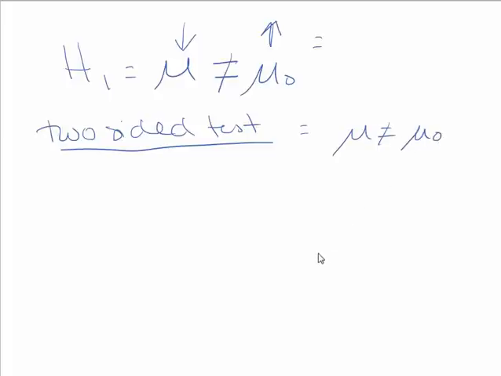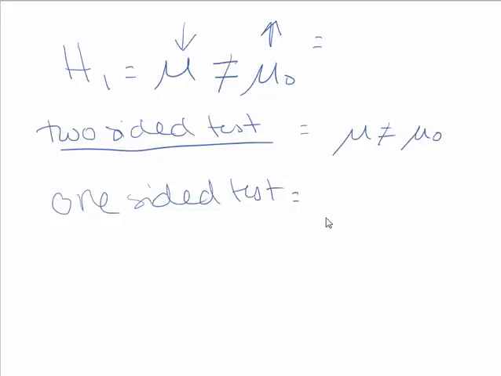But there are situations where we want to have just a one-sided test. And so our one-sided test essentially is that we pick either lower or above the mean.